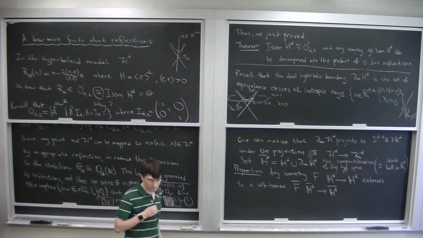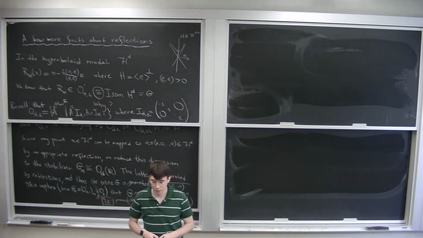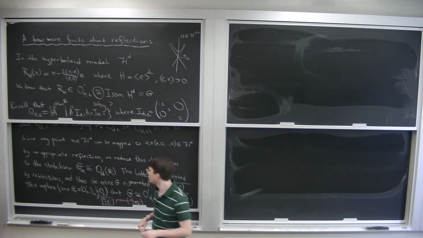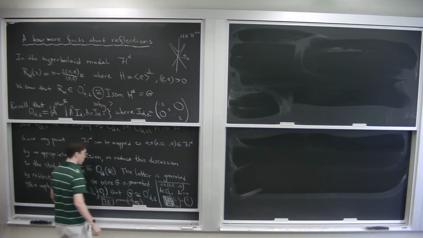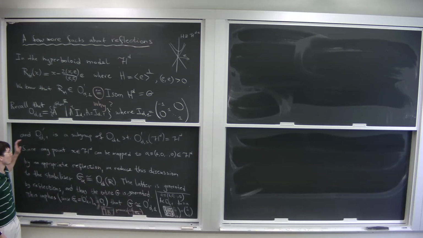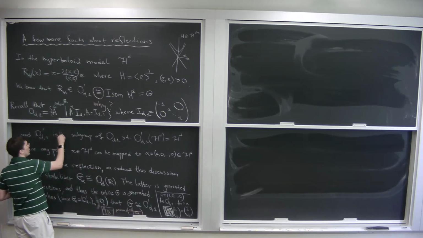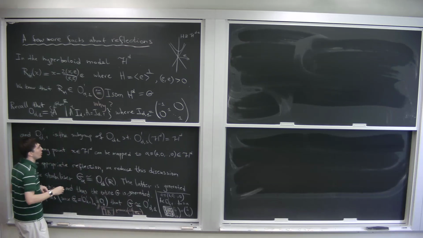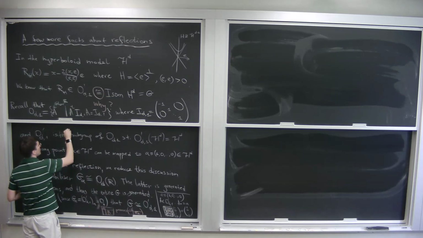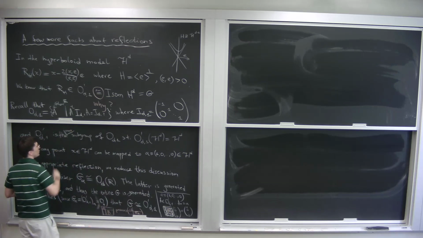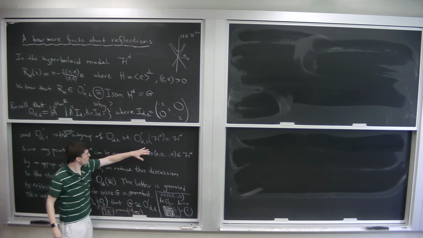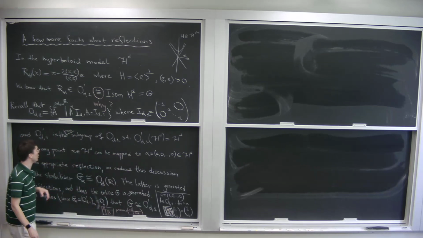Okay, let's make a break. Okay, so let's continue. But before continuing, I need to give a comment. The first is that O'(d,1) is indeed the maximal subgroup of O(d,1) such that it preserves H^d.